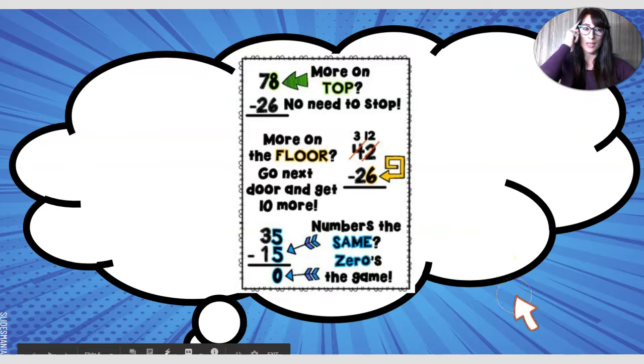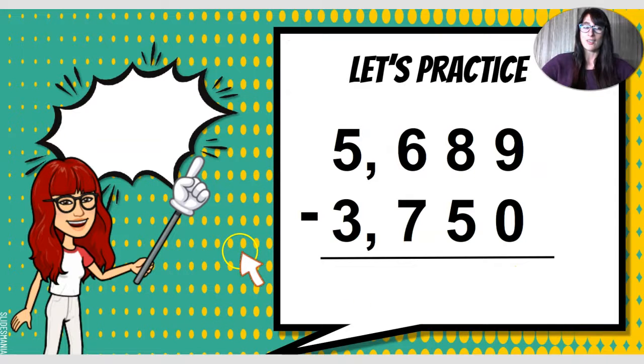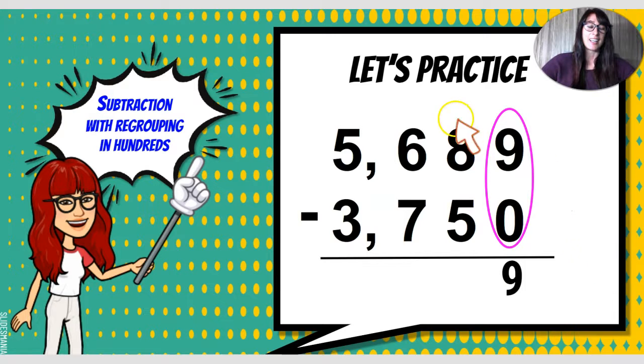Now with this poem in our mind, we will go ahead and look at Lesson 2. So here we have subtraction with regrouping in hundreds. As always, we'll begin with the ones. 9 minus 0, 9. 8 minus 5, 3. 6 minus 7, I cannot do.